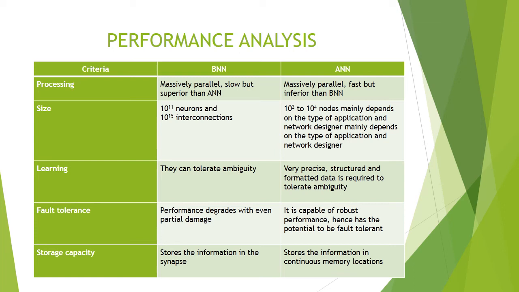Then comes the fault tolerance. The human brain can tolerate partial damage, while artificial neural networks are robust in their performance. Coming to the storage capacity, a biological neural network stores information in the synapses, and the artificial neural network stores information in memory locations.